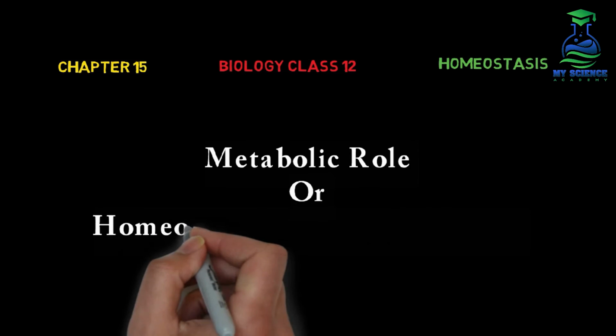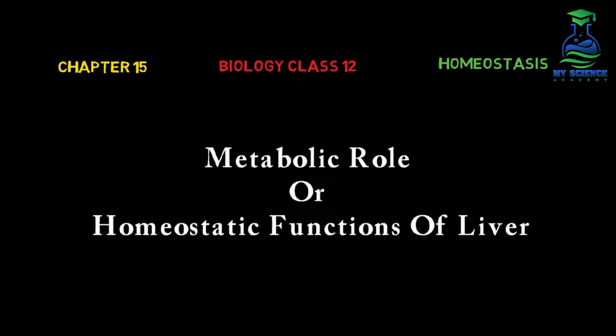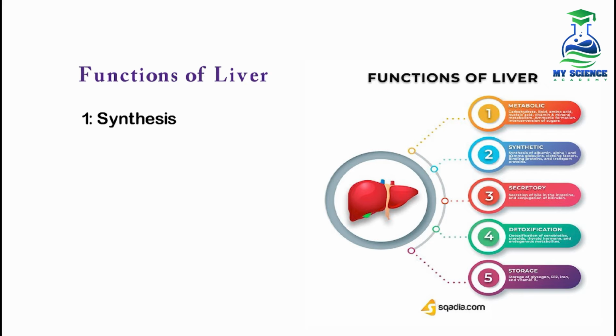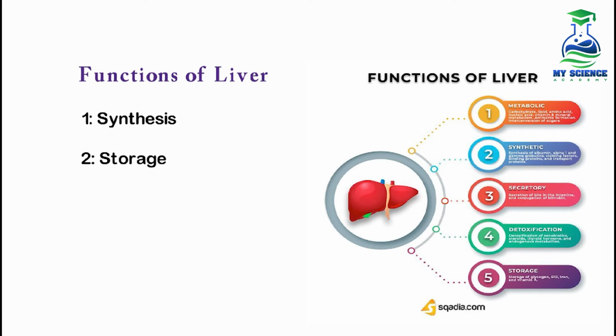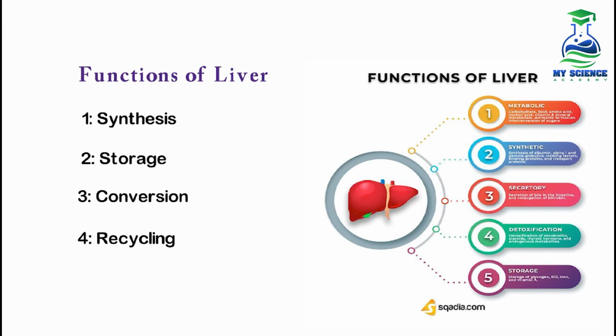Let us start the metabolic role or homeostatic functions of liver. Liver performs a lot of functions. Number 1, synthesis. Number 2, storage. Number 3, conversion. Number 4, recycling.